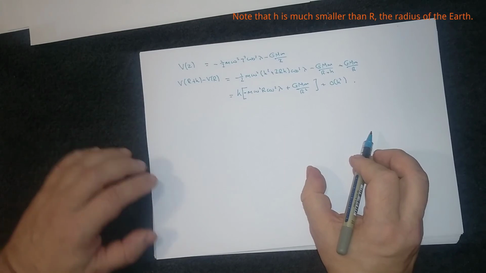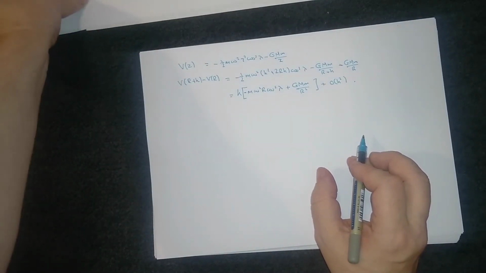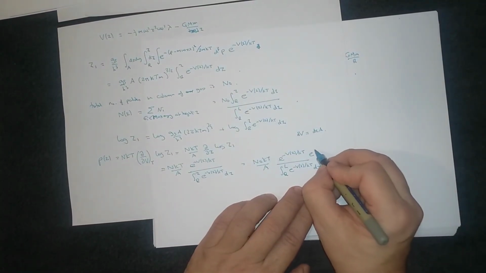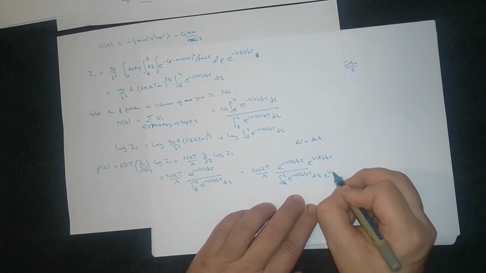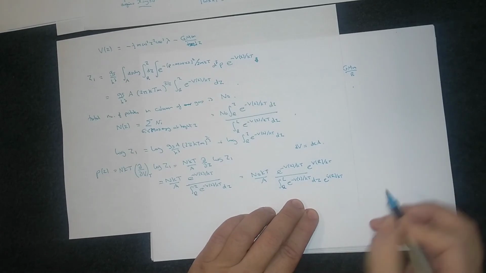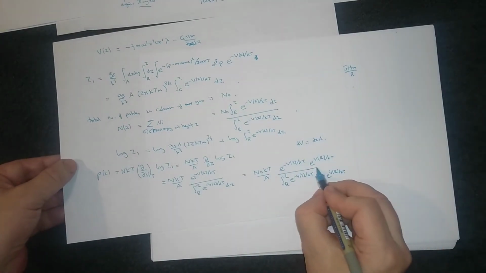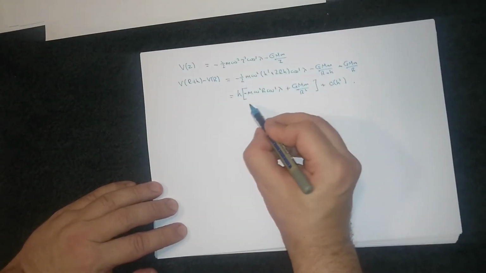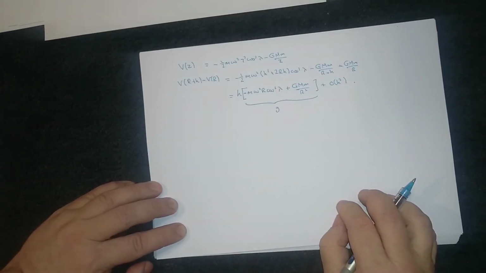Now going back to this equation here, I can multiply by e to the V of R over kT, top and bottom, if I want. Makes no difference. This thing I'm going to write as little g because it's the acceleration due to gravity at the surface of the Earth.